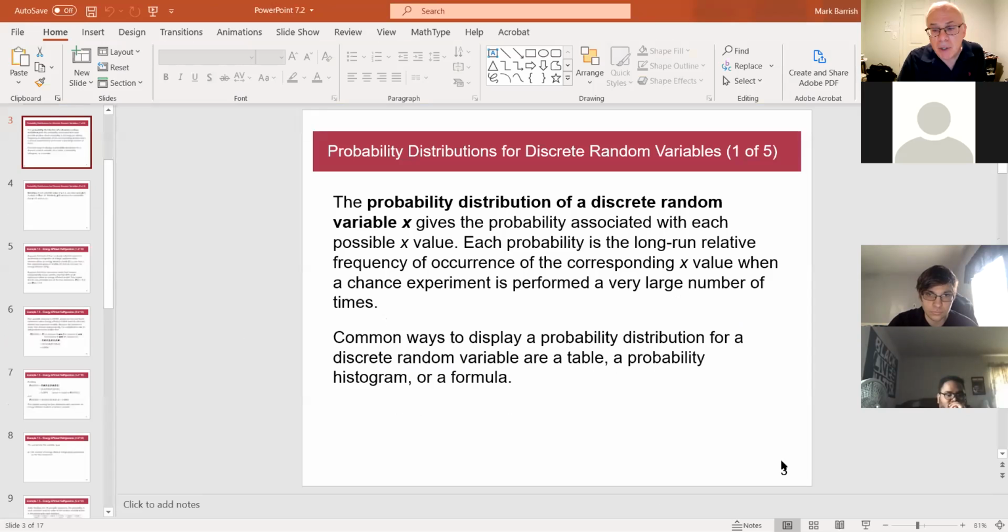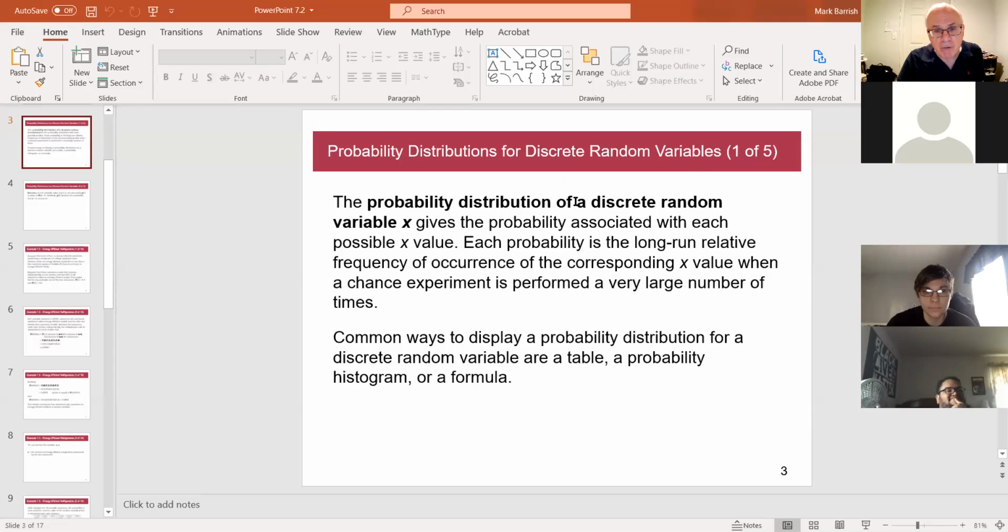All right, now again, a random variable is a variable that has its possible values, different outcomes, and each outcome has its own probability. So a probability distribution of a random variable is just that. It's just a list of their particular values and their probabilities.